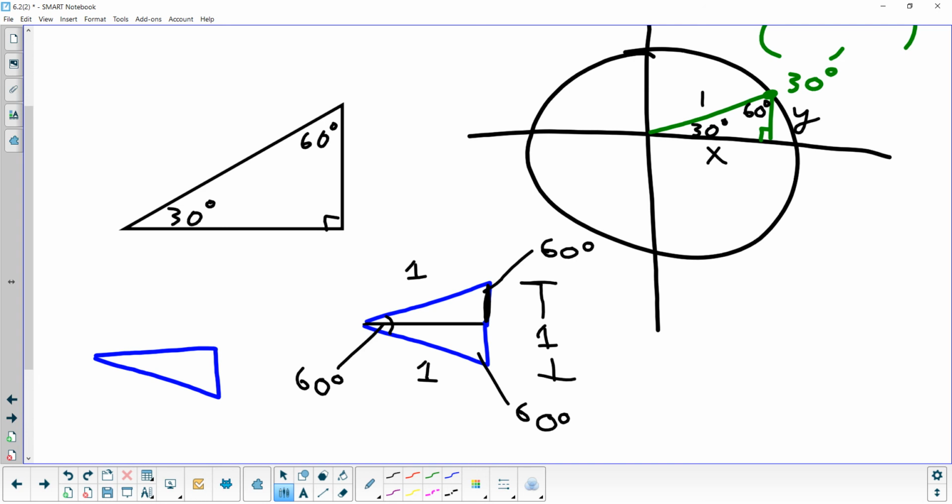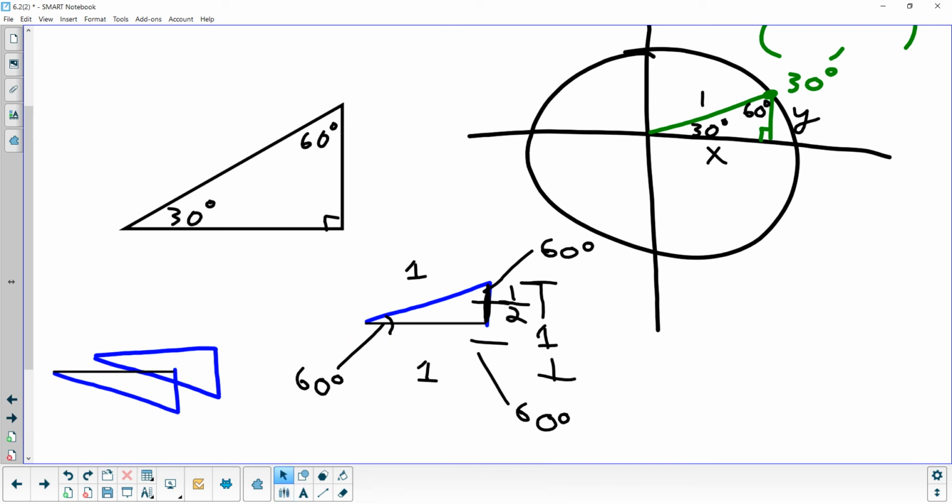Why not take a third of it? Because it's bisected. Yeah, the key is these two sides are congruent, right? We know they're congruent because I made a mirror image of that triangle. So if the length of them in total is 1 and they're congruent, each one of them would have to be 1/2. All right? So now I know that the right-hand side is a half.